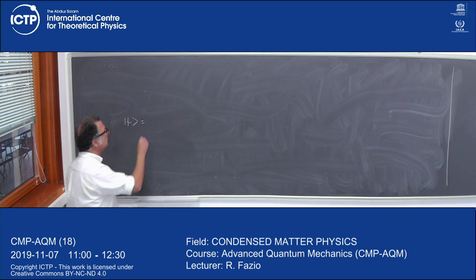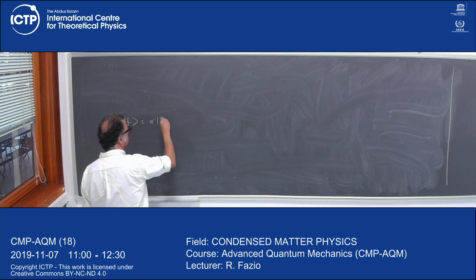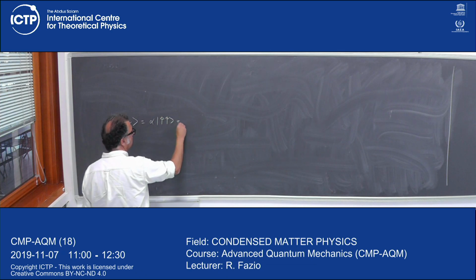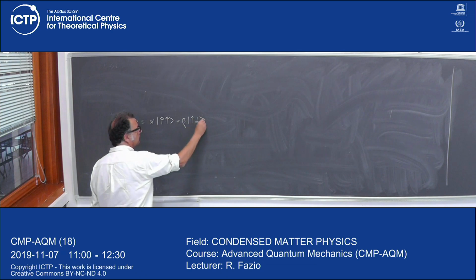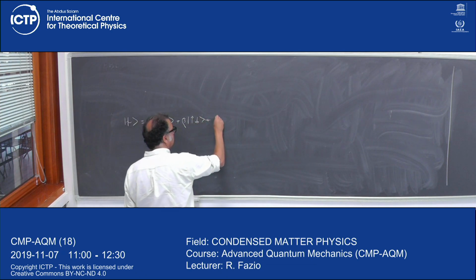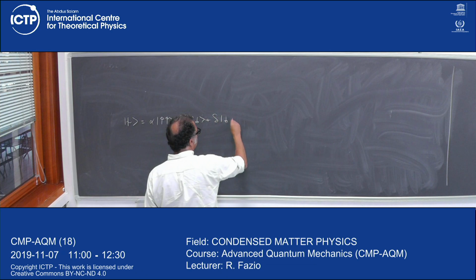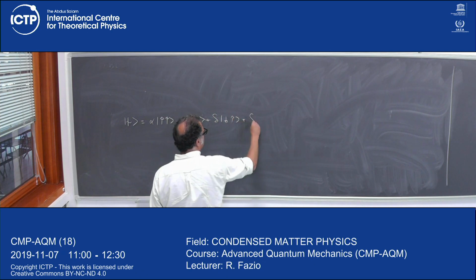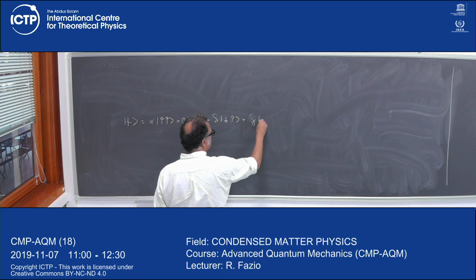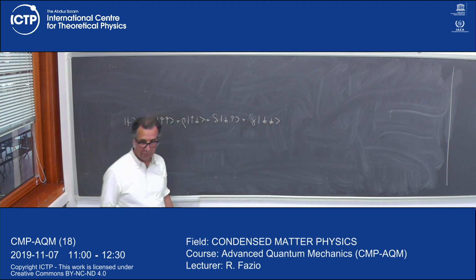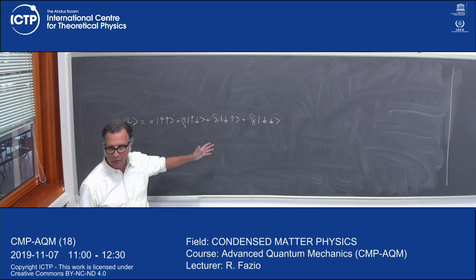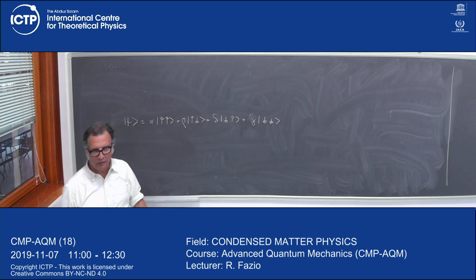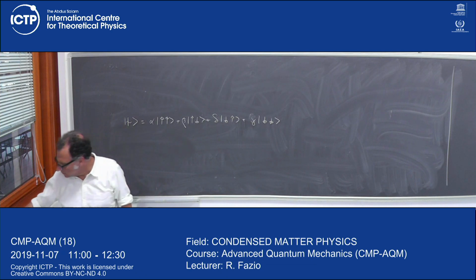Alpha up up, beta up down, and so on. The sum of the modulus squares should be equal to 1, and so on and so forth. Okay? Good.